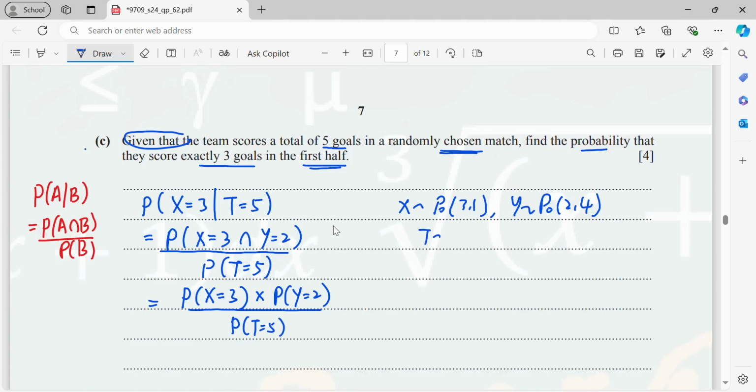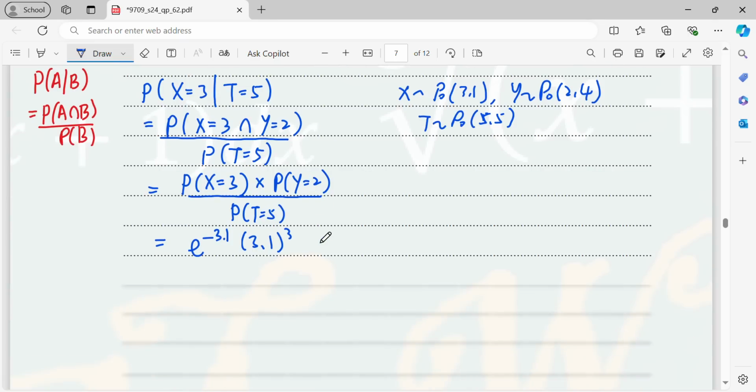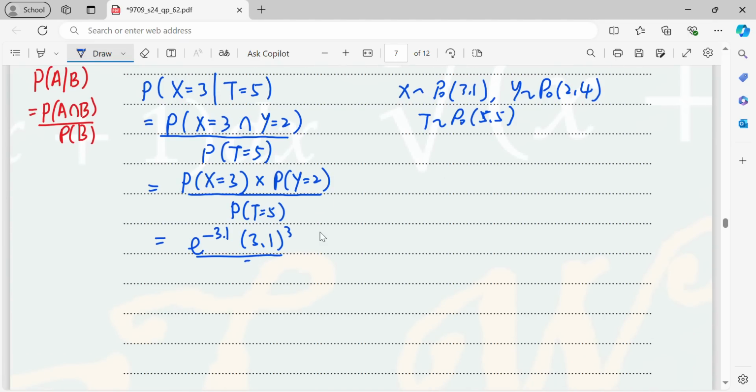So T is Poisson distributed, lambda is 5.5. Now here, P(x equals 3) means e to the minus 3.1, 3.1 to the degree 3 over 3 factorial.